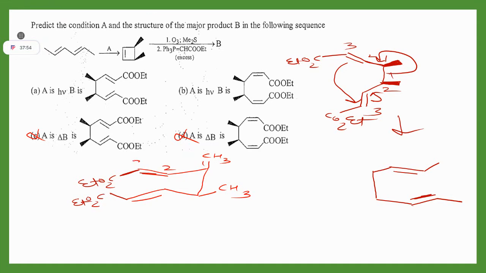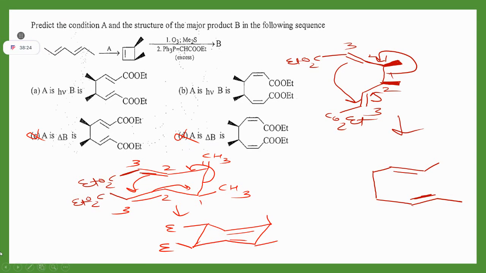First, you have to draw the [3,3] sigmatropic product. Then we can talk about this. E is your CO2Et group, right? And we have to erase this bond. Sorry for this.